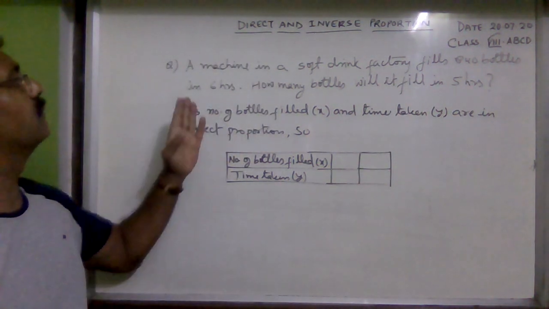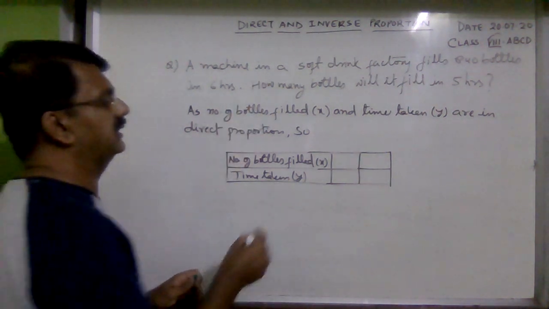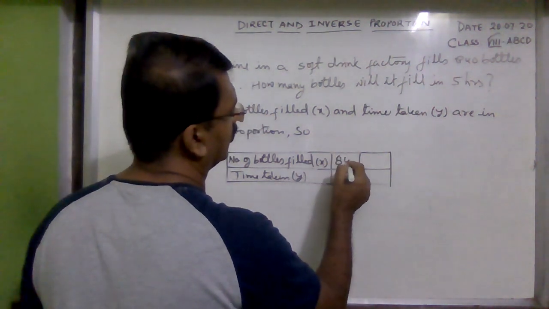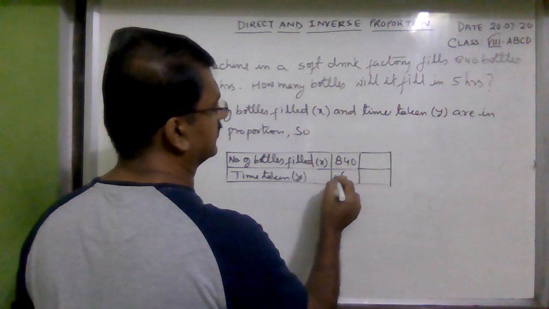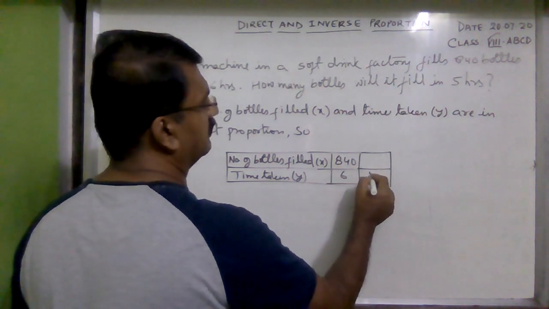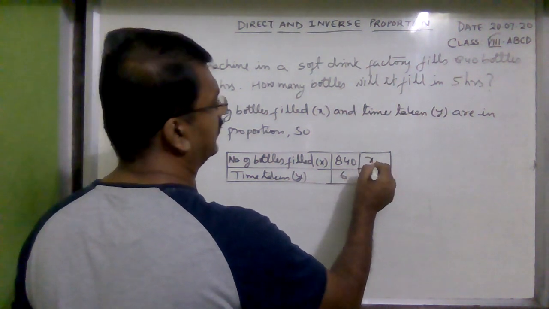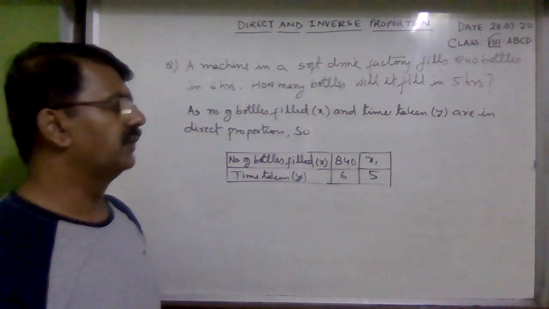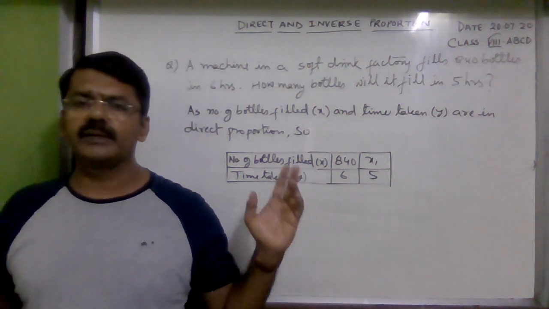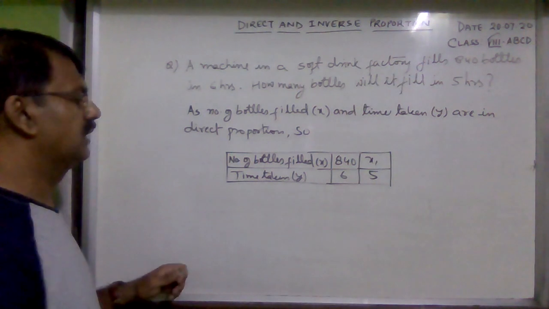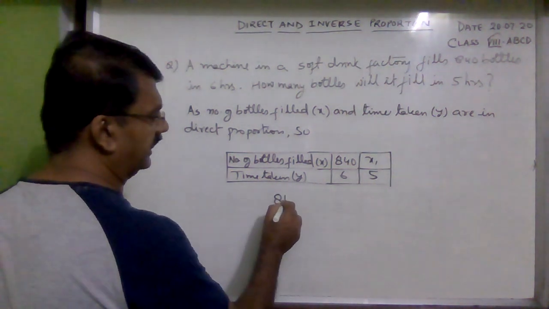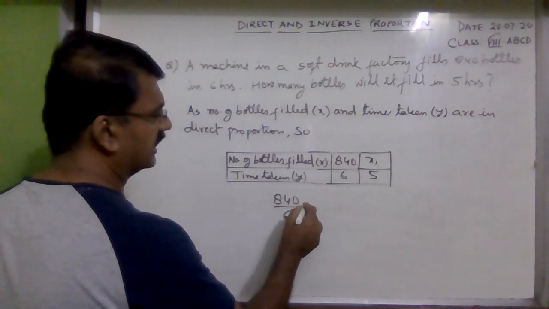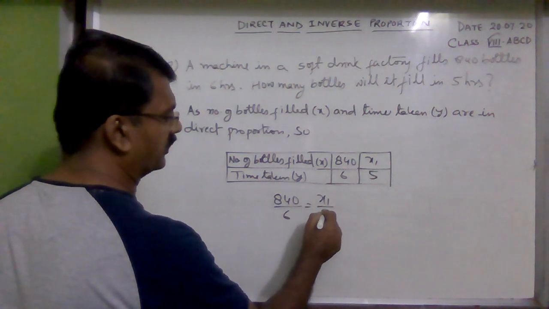So initially you see the number of bottles filled was 840 and the time taken was 6 hours. Now the time taken will be 5 hours and you have to find the number of bottles filled. So as I have already told you that they are in direct proportion, so we'll write 840 upon 6 is equal to x1 upon 5.